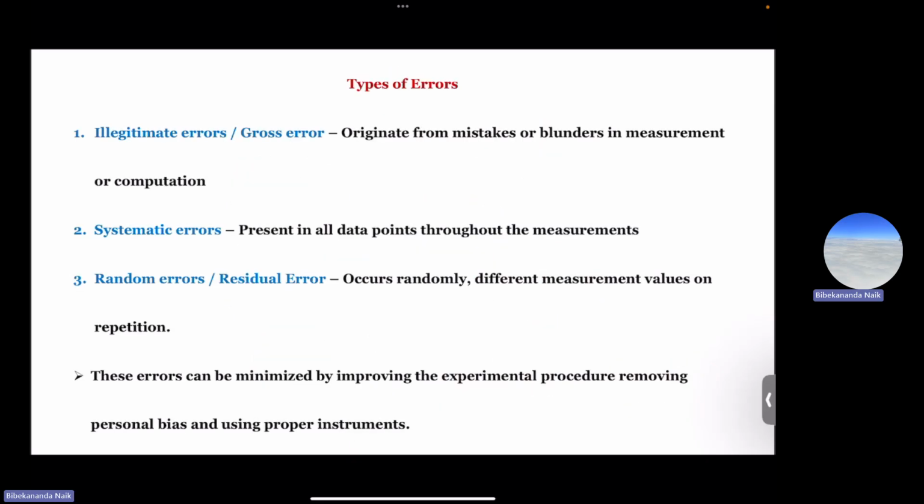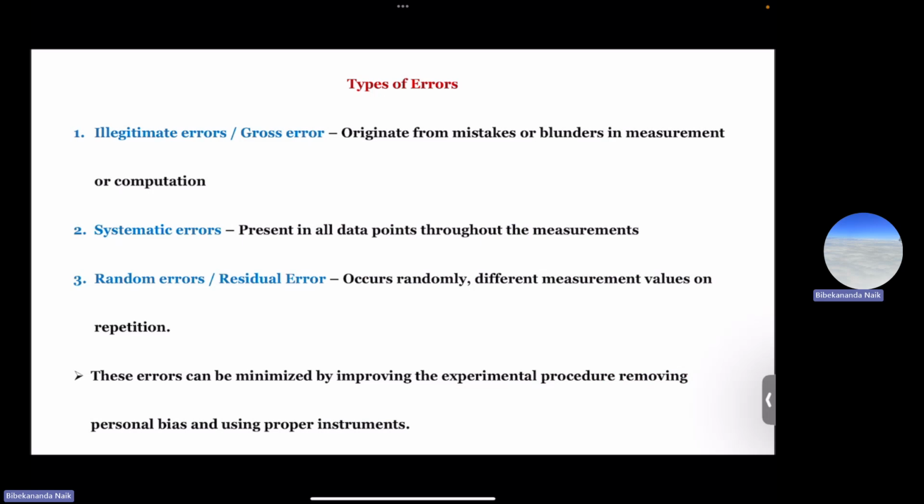And if you mainly discuss the types of error, there are three types. One is illegitimate errors or gross error, which originate from mistakes or blunders made by the person doing the experiment, or in some steps of the measurement.